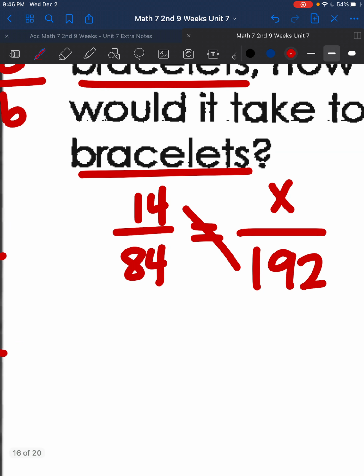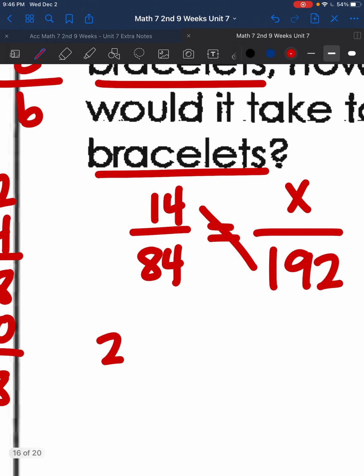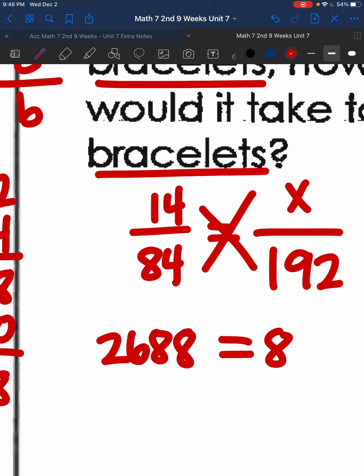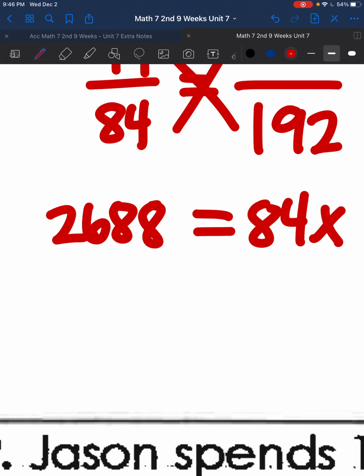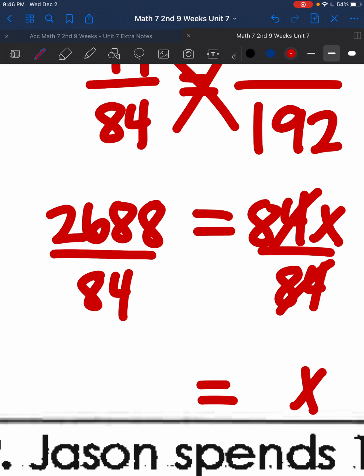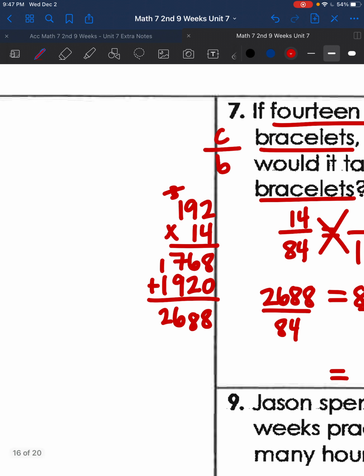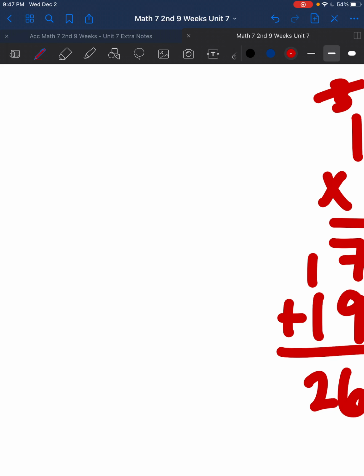So I get 8, 8. 9 plus 7 is 16. And 2. So we get 2,688 equals 84 times x. Now to get that x by itself, I need to divide by 84 on both sides.